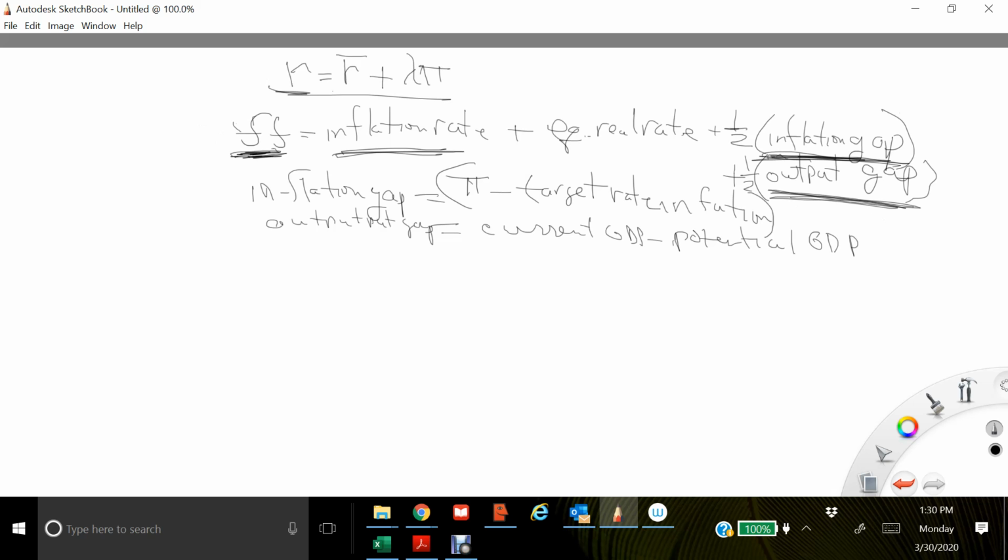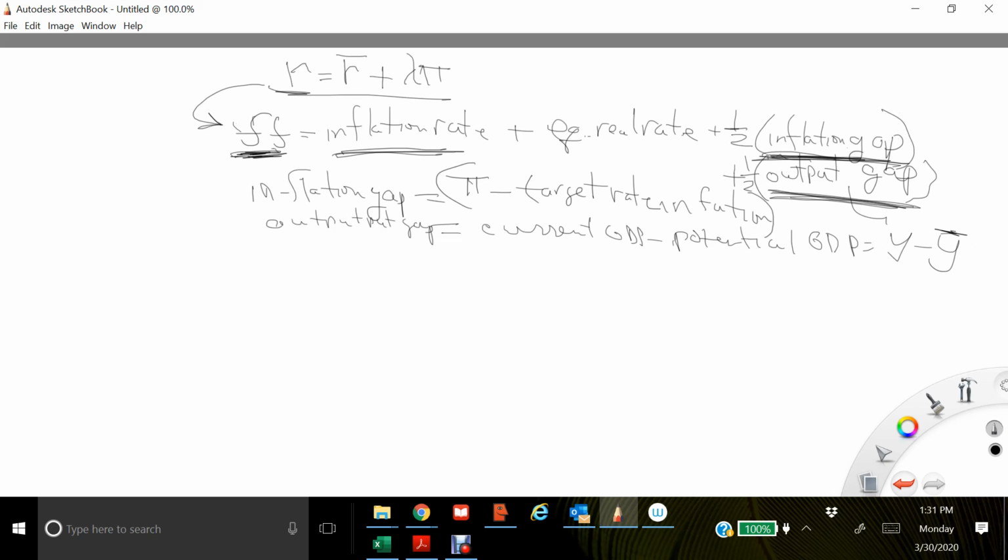Now, this equation looks vastly simpler than the Taylor rule, and in particular, we don't have the output gap here, which is current income minus some target, known potential income.